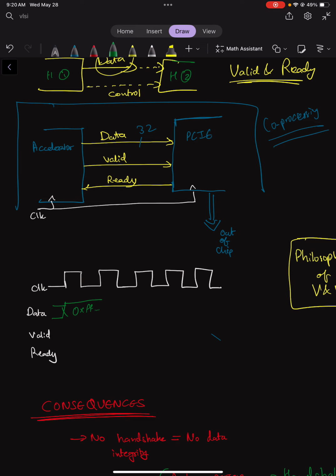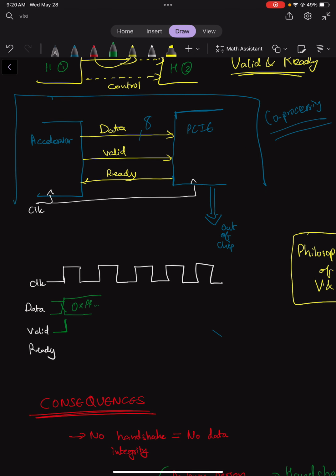Let's call it an 8-bit data, actually. It'll be much simpler to illustrate. Okay, so 0xFF, that's the data that the accelerator has put on that bus. And the accelerator, along with putting the data, also adds an additional qualifier which says the data is valid.